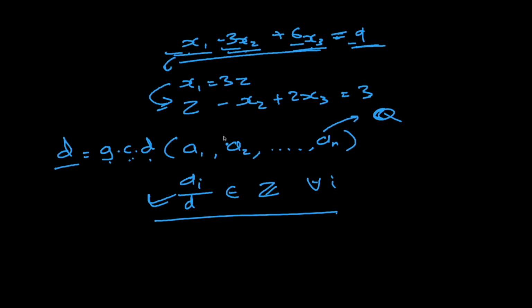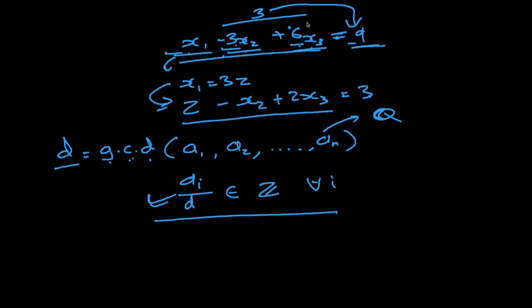Not always. But we did something different when we did this kind of reduction over here, right? What we did was we computed the GCD of all the numbers except one number. We did the GCD of a2 up to an, which is 3, and it so happens that 3 also divides 9, right?